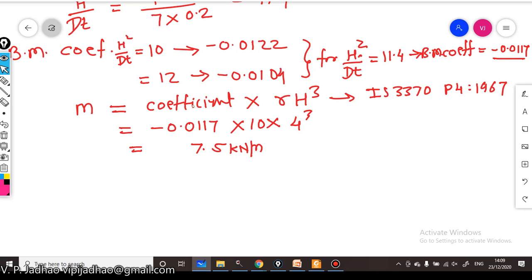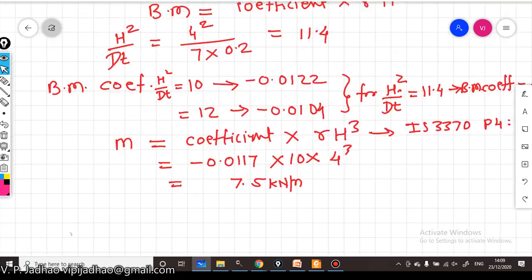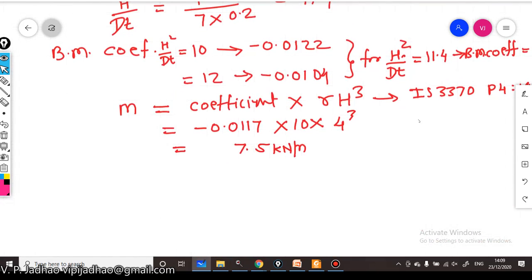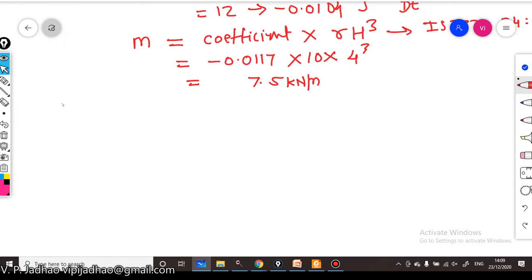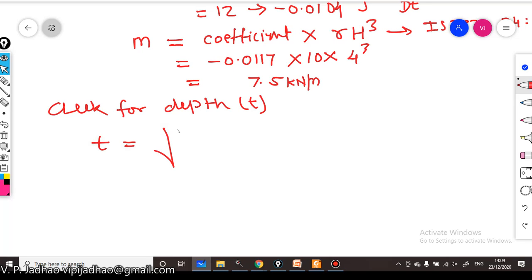So step number 4, check for depth. We have to check the depth or thickness T. The formula for checking this is T is equal to under root M divided by R into b.